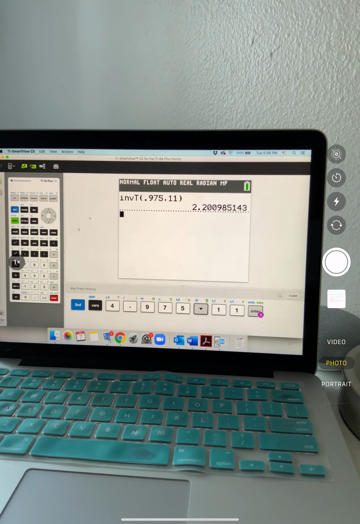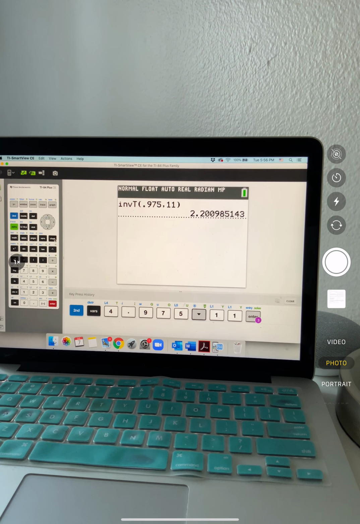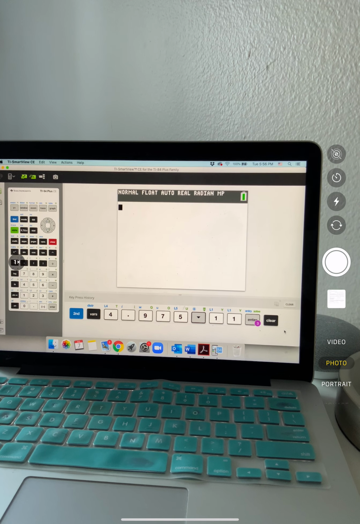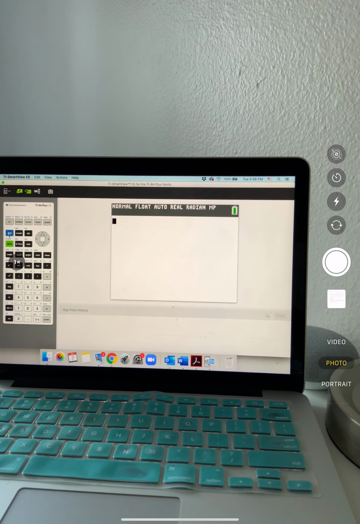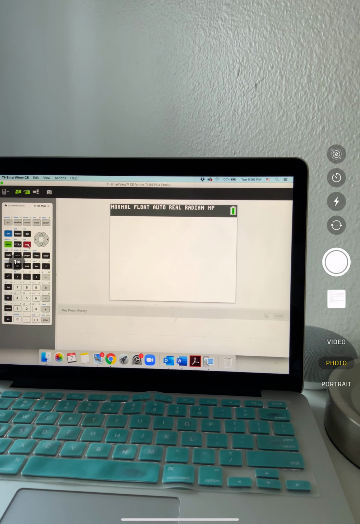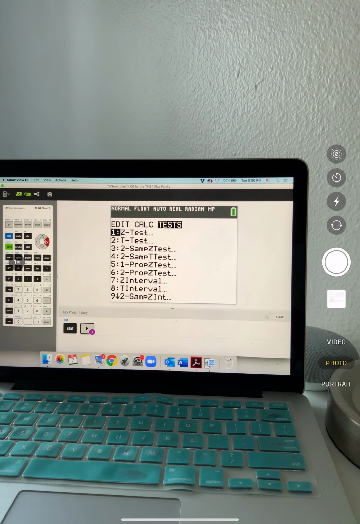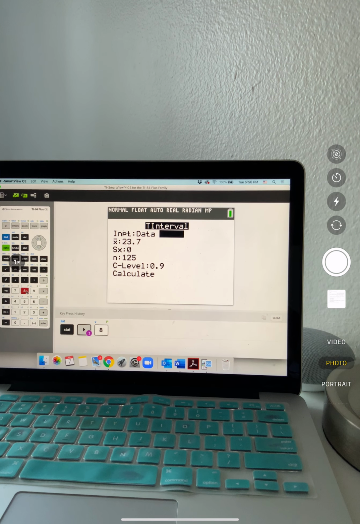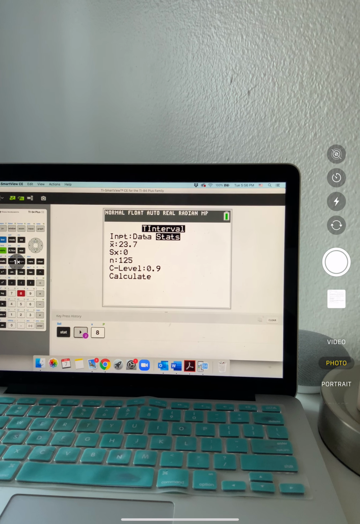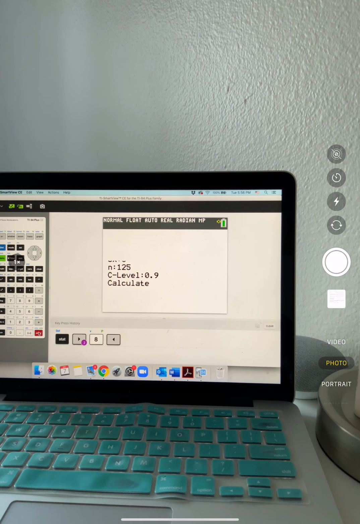Okay, so stat, test, t-int, number 8. This time you are given the list of data, so you're going to be putting in data and enter.